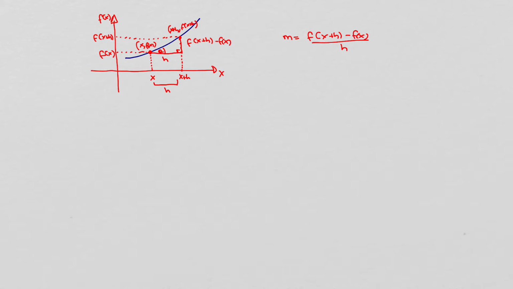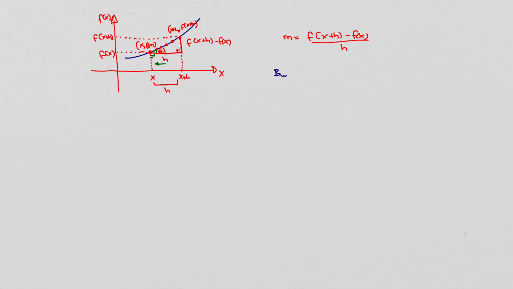But if I was to take that point and move it closer and closer and closer to the first point, now what starts to happen is the distance between those points almost becomes linear. But the value of h is getting smaller and smaller and smaller. So it's almost becoming 0.